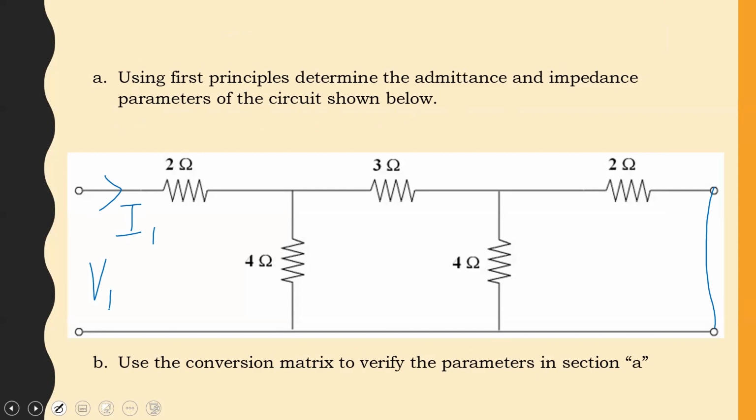V1 and I1 are connected by virtue of the impedance looking in, right? So you have 2 in series with 4, which is in parallel with 3 in series and 4 and 2, okay?